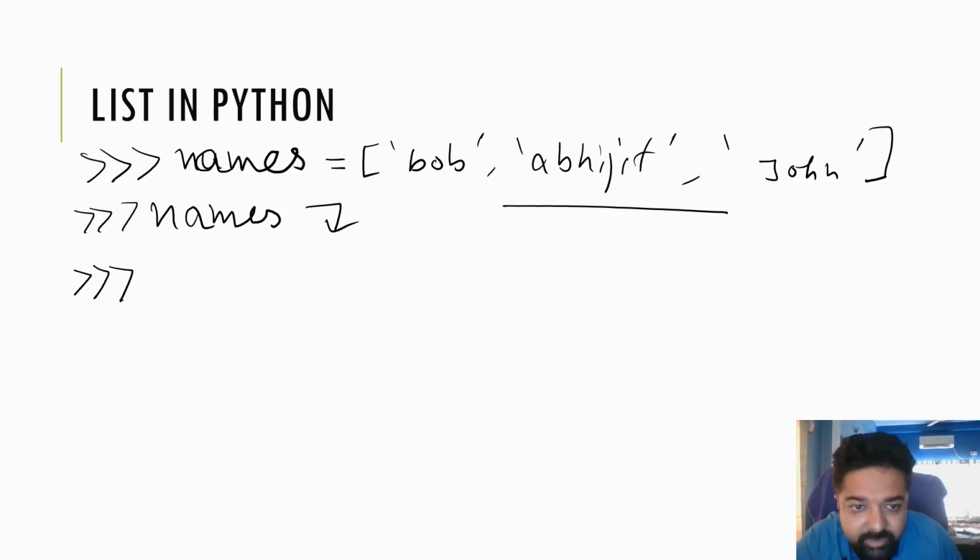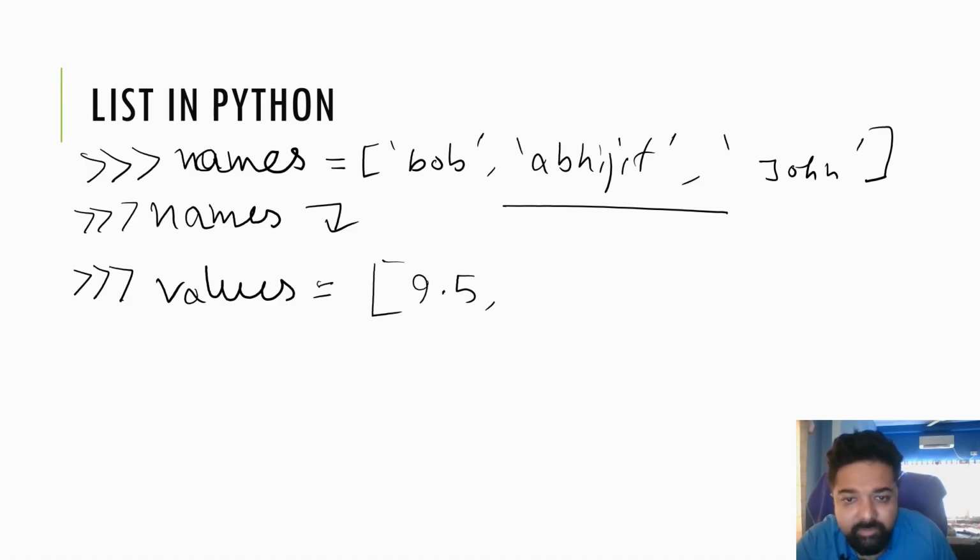Now some different thing. What is the difference between array and list? Let's take another variable. Values is equal to, suppose, 9.5, meaning it is a floating value number. Then pop and suppose 77, so it's a combination of floating value, string and integer. Will it work?